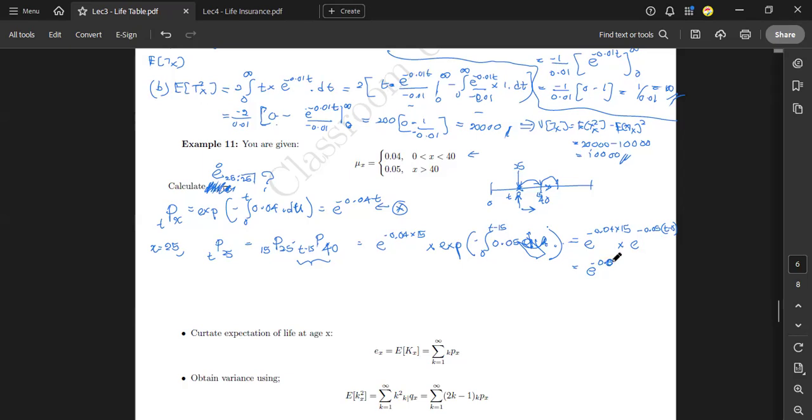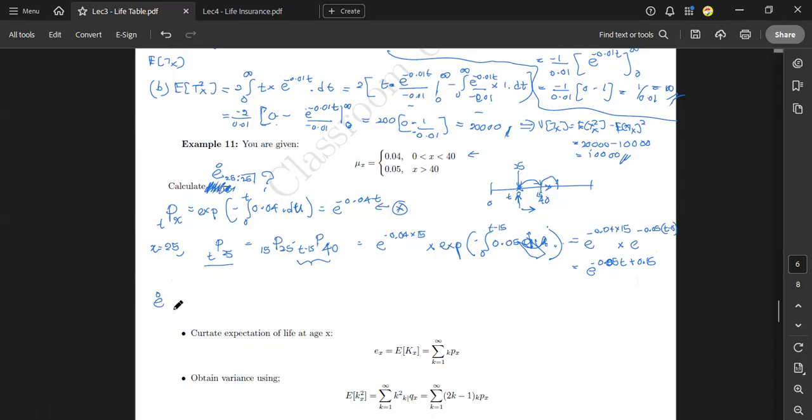And if I simplify this, I'll get an exponential function like this. And now we know the survival probability for this person.